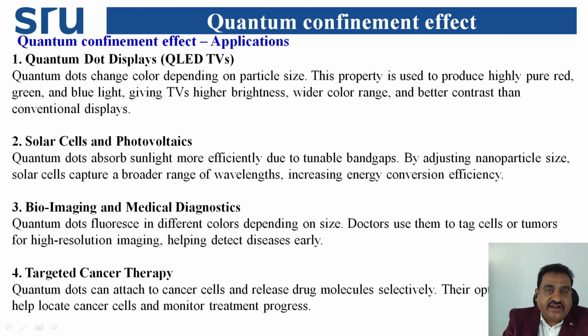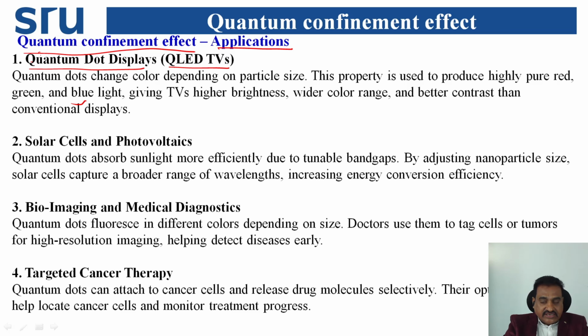So try to understand the quantum confinement effect applications. Quantum dot display and QLED. The quantum confinement effect we can observe in QLED TVs. Quantum dots change color depending on particle size.